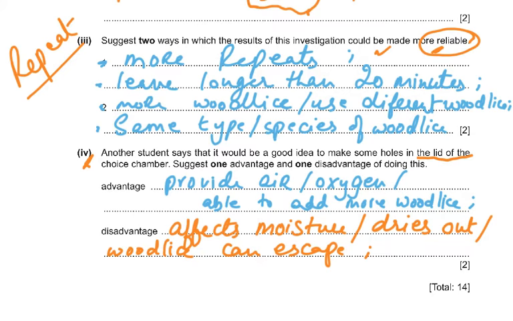So always visualize that you're doing this in the lab, and what would happen if that suggestion was made. This is one thing you always need to do in paper 6: visualize that you're actually doing this experiment in the lab in the school. That was 14 marks, and we'll discuss the grade boundary at the end when we finish this paper.